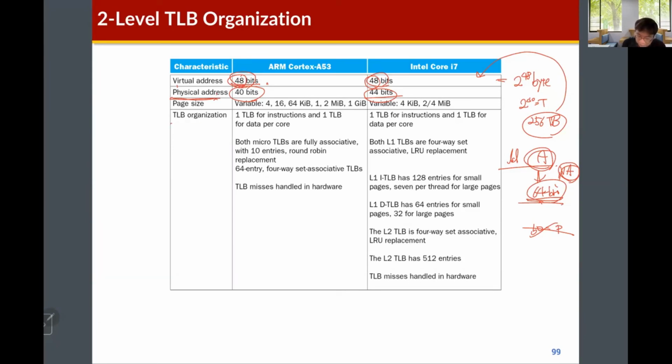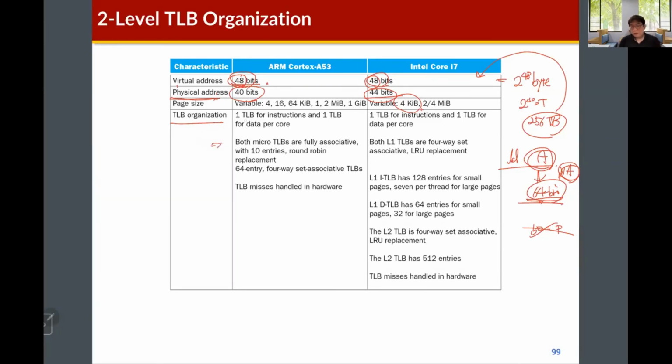And how about the TLB? In this course we learned the page size is 4 kilobytes, but sometimes we can use huge pages, which means the single page size can be increased, like 4 megabytes. Also, you can find some organizations of the TLB.